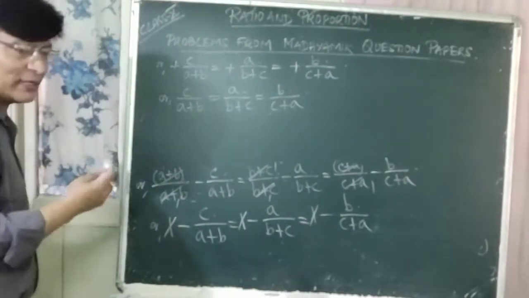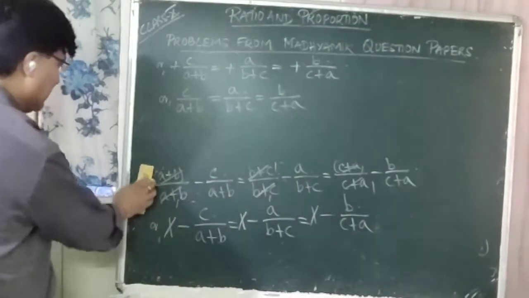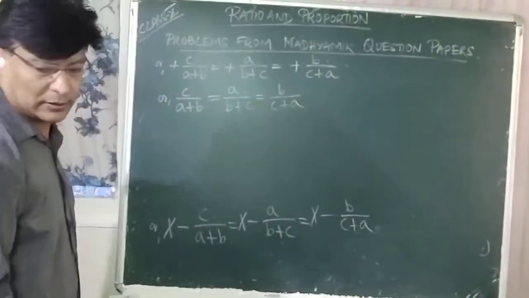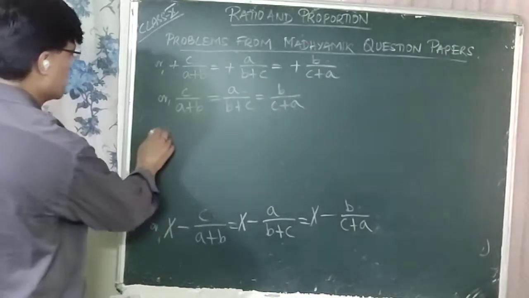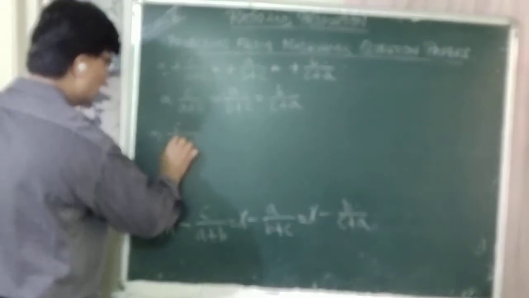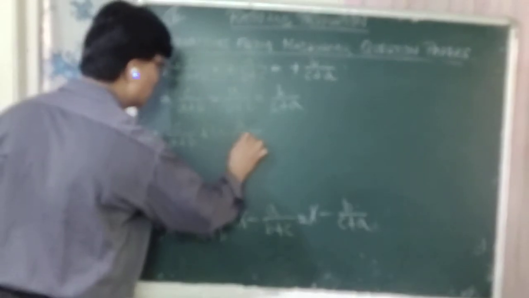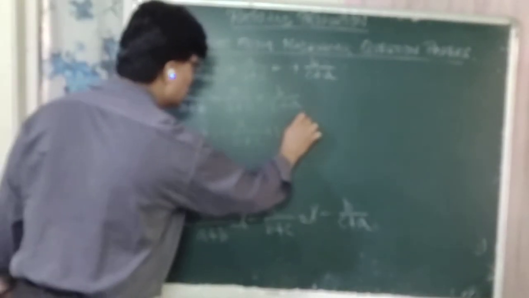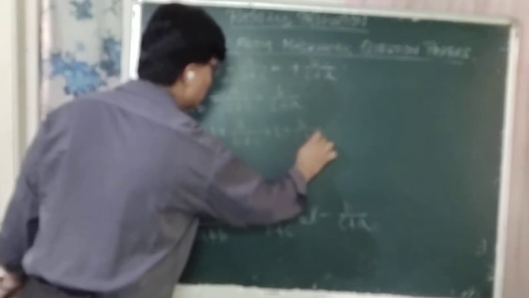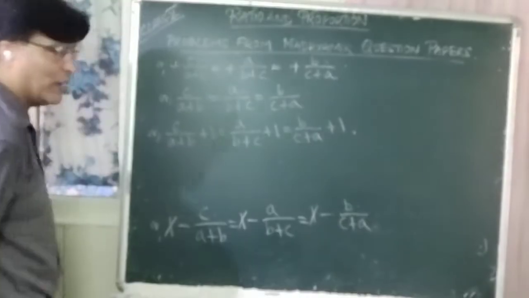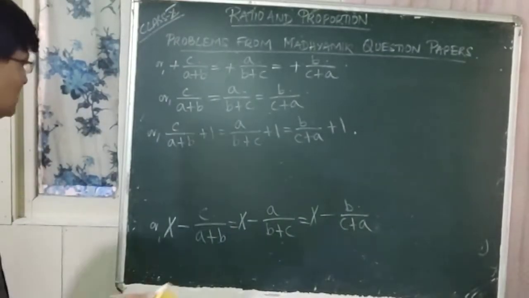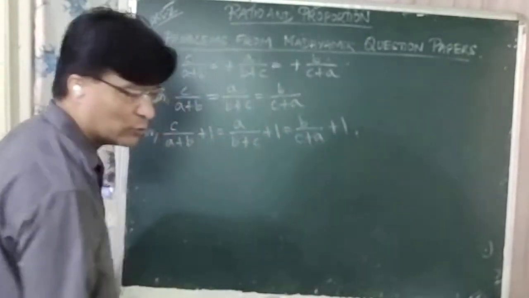So let us add 1 on all the sides, okay? So what do we get? C/(A + B) + 1 = A/(B + C) + 1 = B/(C + A) + 1. Is that clear?